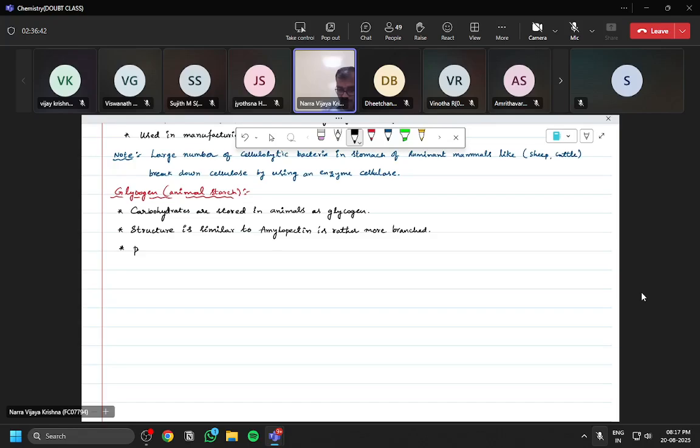It is present mainly in the liver, and in muscles also. Muscles, not only liver; it is present in muscles.